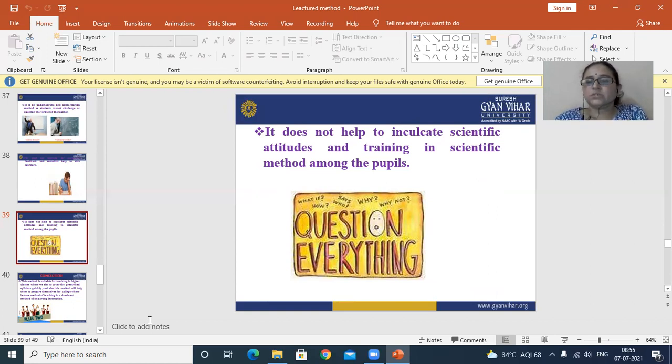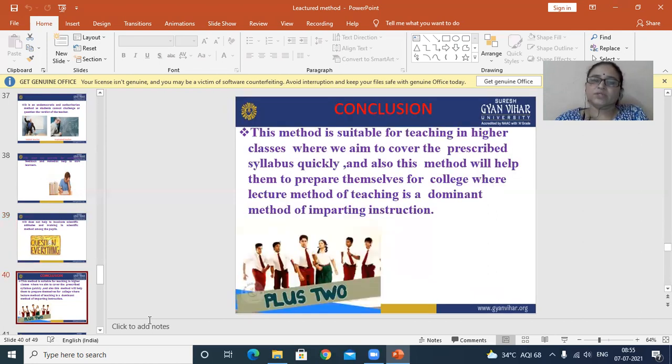Now we will discuss the conclusion of our lecture method. This method is suitable for teaching in higher classes where we aim to cover the prescribed syllabus quickly, and also this method will help them to prepare themselves for college where the lecture method of teaching is the dominant method of imparting instruction.